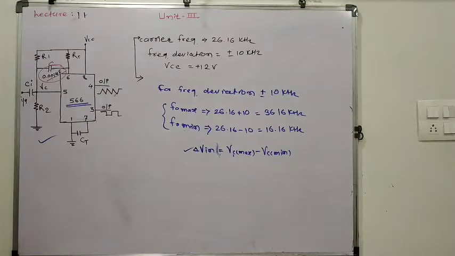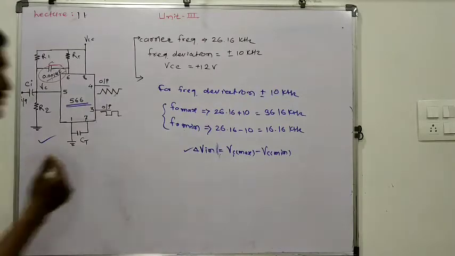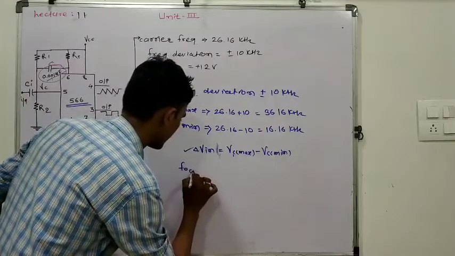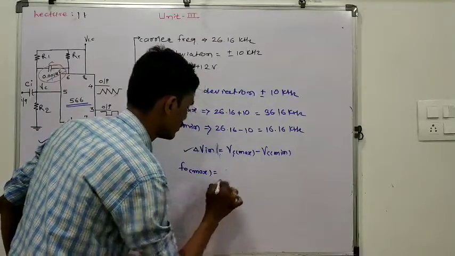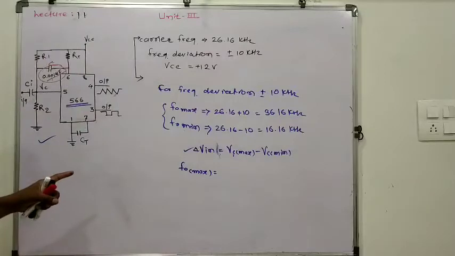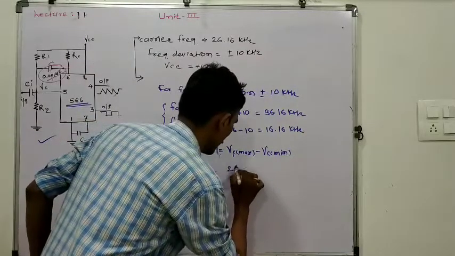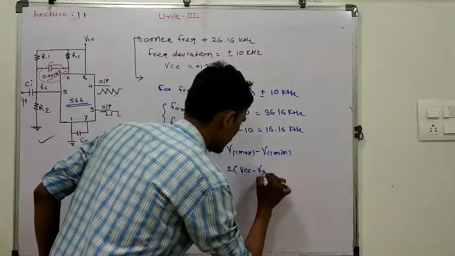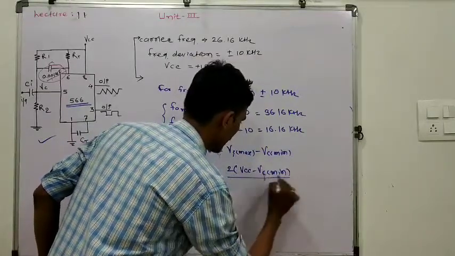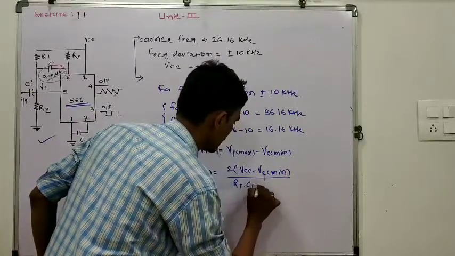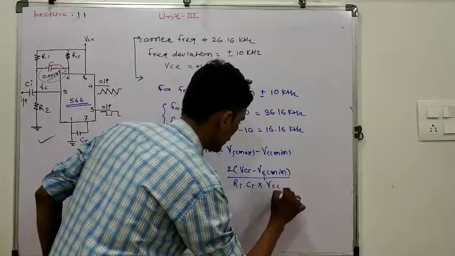So ultimately, we are targeting to calculate Vc min and Vc max. Let us start with the F0 max. F0 max is equal to, for frequency modulation, F0 is equal to 2 into Vcc minus Vc min divided by RT into CT into Vcc.